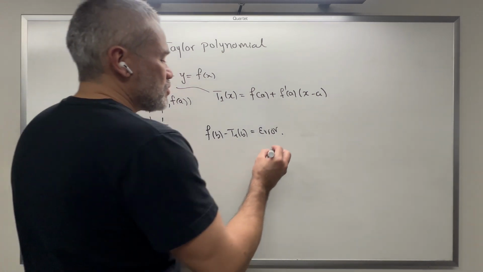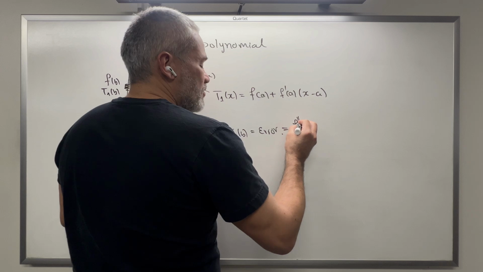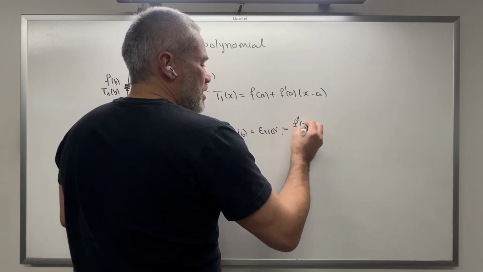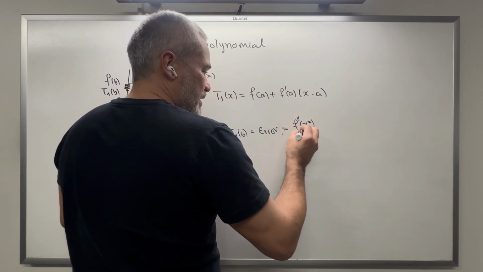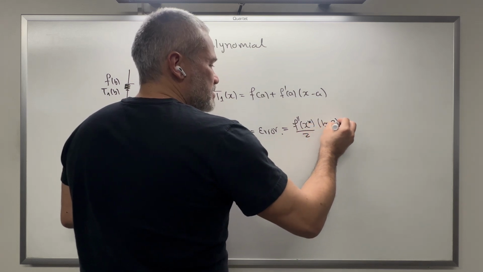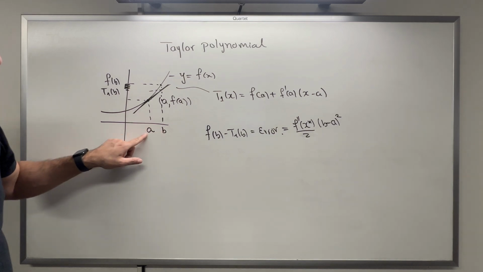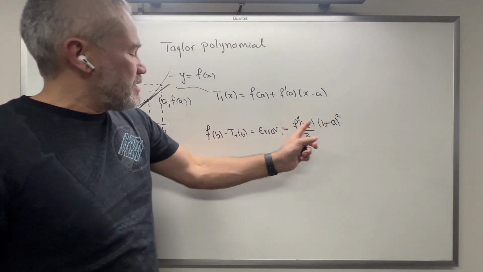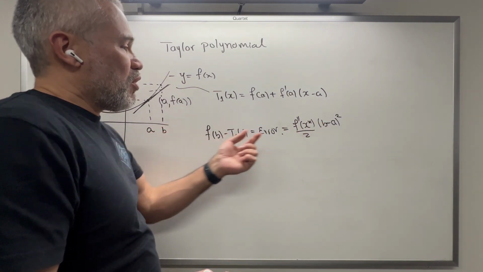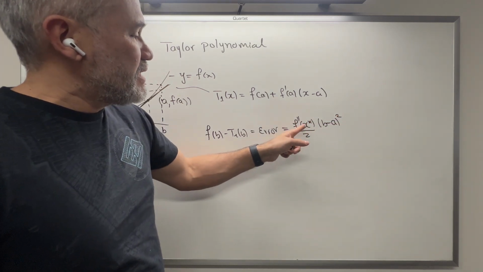And what we're going to show is that this error is equal to the second derivative of the function at some particular value x star over 2 times b minus a squared. This is good because if b is close to a, then b minus a is small, b minus a squared is even smaller, and is multiplied by this number.